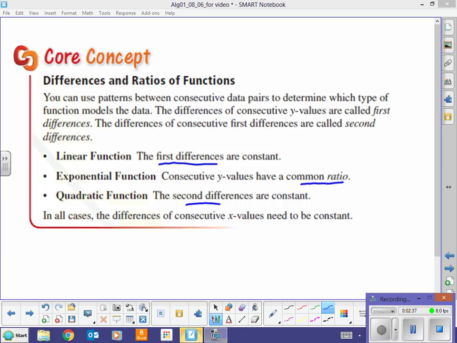So we'll have to talk about what that means. In all cases, the differences of consecutive x values need to be constant. So this only works, of course, when x is increasing at a constant rate. So 1, 2, 3, 4, 5, or 1, 3, 5, 7, 9. So we have a consistent growth in our x values.